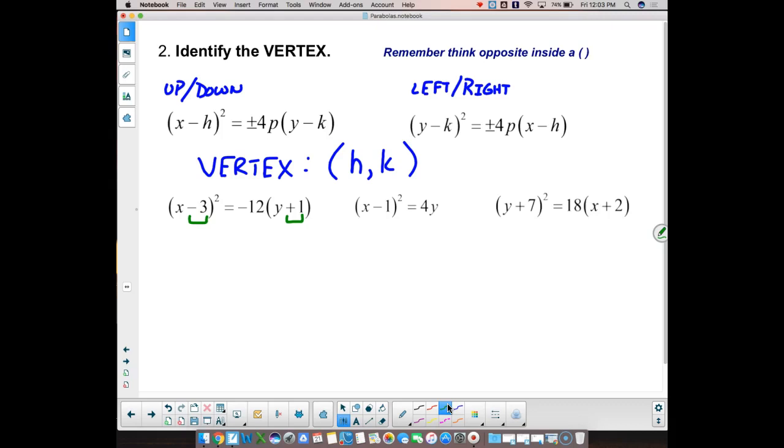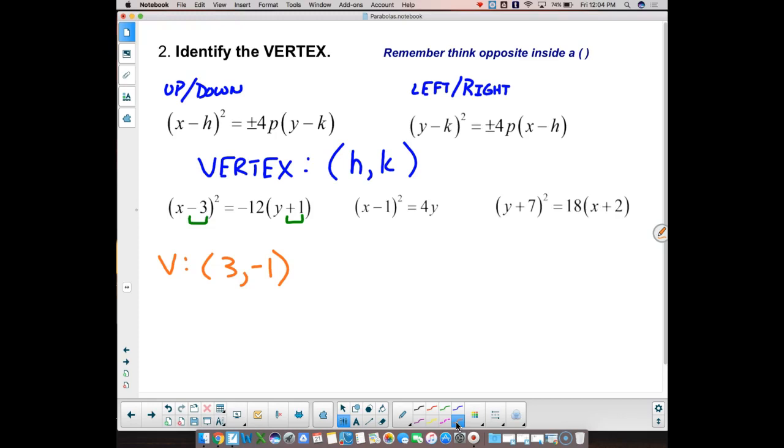I have the squared term all by itself. I think oppositely because they're both inside a set of parentheses, so the vertex here would be at positive 3, comma, negative 1.